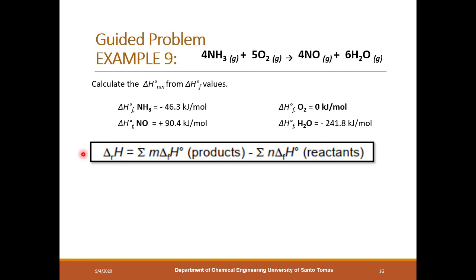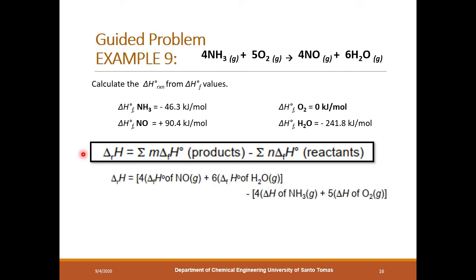Showing that in mathematical form, we have this. For the standard enthalpy of the reaction, we work on the products first. Our products from the reaction are 4 moles of nitric oxide and 6 moles of water. So we substitute the coefficient for nitric oxide and multiply that by the standard enthalpy of formation for nitric oxide.